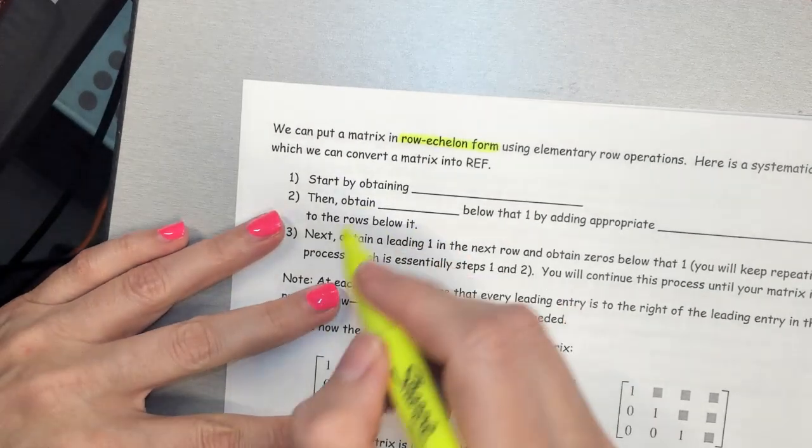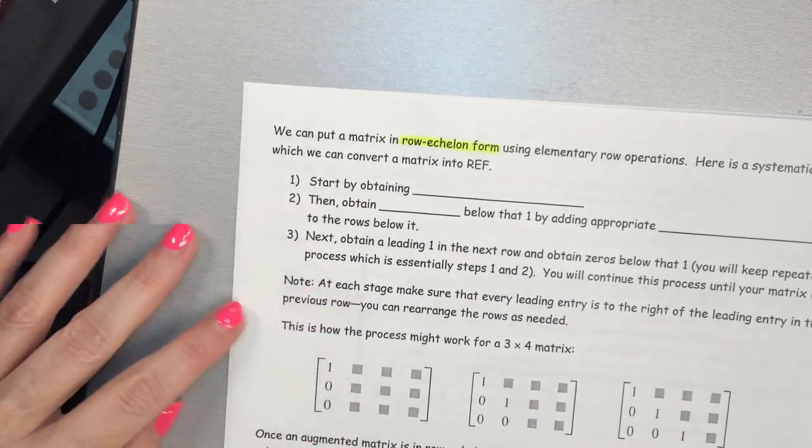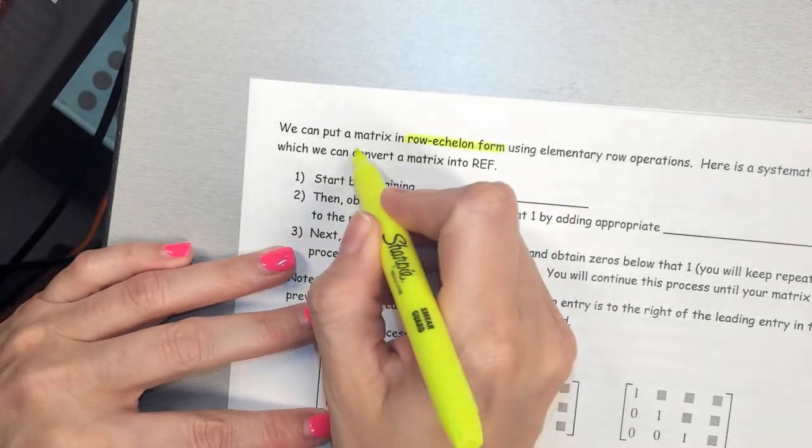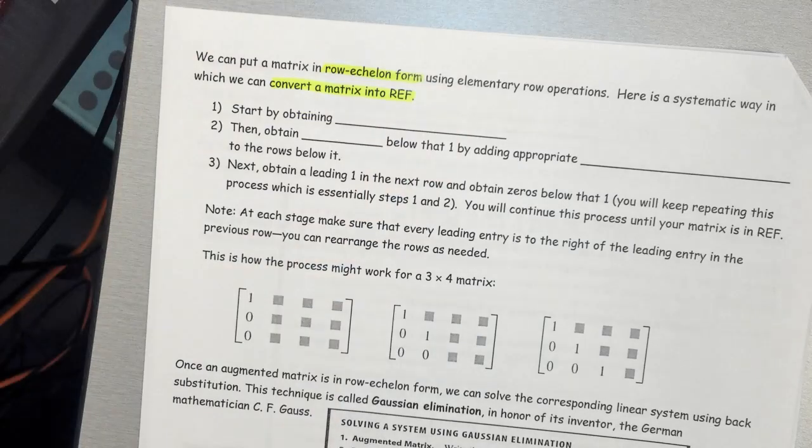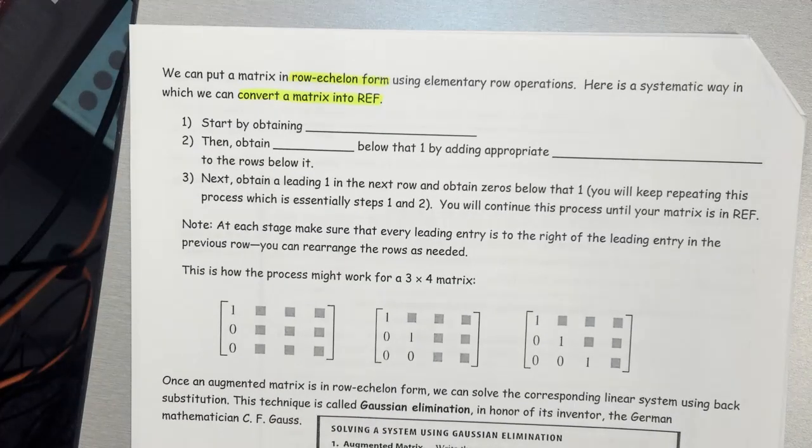So we're going to convert a matrix into reduced row echelon form, and I'm just going to teach you a systematic way to do that. All right, we're math people, we like having a system, we like following rules, so this is going to help you so that you won't get as frustrated when you're trying things on your own.